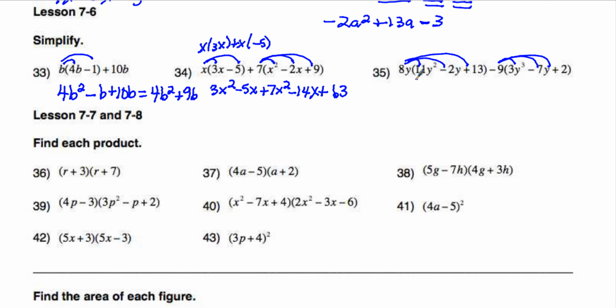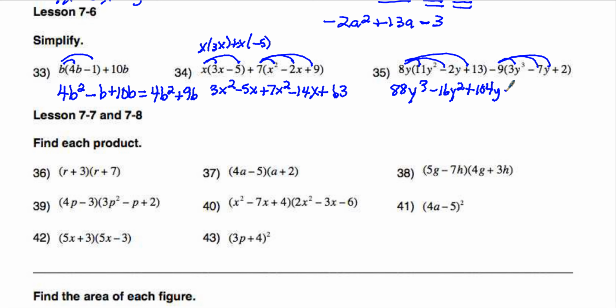So now it's not only 8y, but it's 8y to the third, then minus 16y squared, then plus 104y.